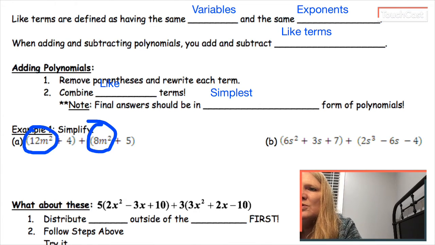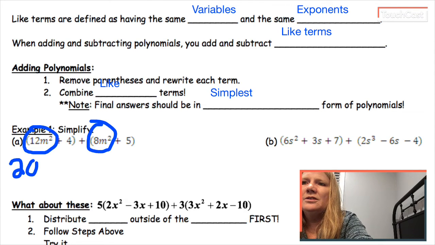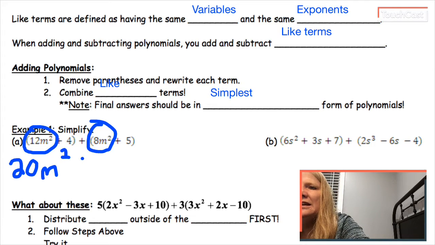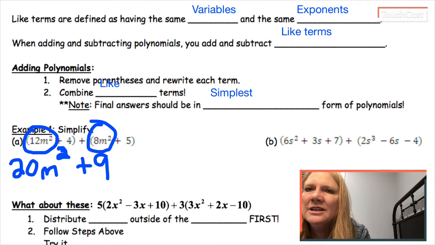We can combine them, and so you just add the coefficients, and we get 20m squared. And then we have a plus 4 and a plus 5, and we simply add the 4 and the 5, and we get plus 9. So our final answer is 20m squared plus 9.